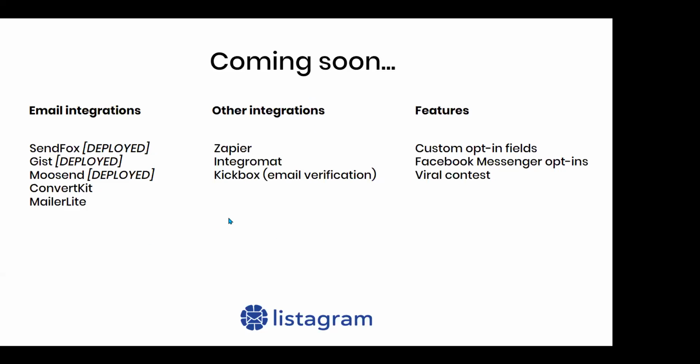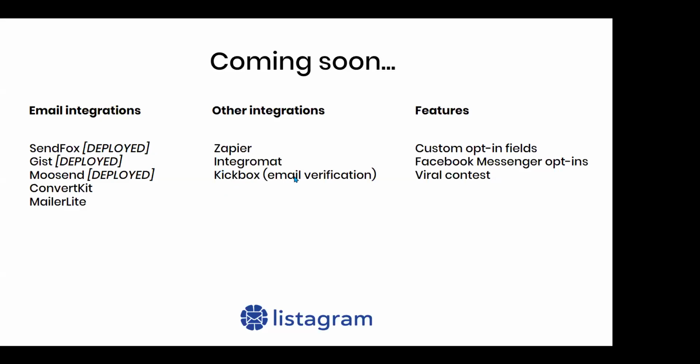Other integrations coming are Zapier and Integromat. These will help if we don't have your email platform to integrate with. We'll be able to connect to Zapier, and then Zapier will connect to your platform, because Zapier and Integromat connect to thousands of other email platforms. If we haven't yet covered your email platform, we will via Zapier or Integromat.